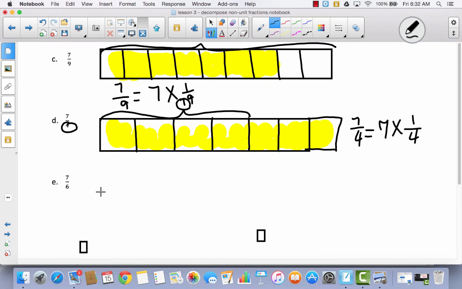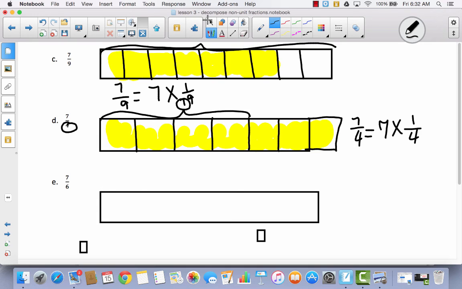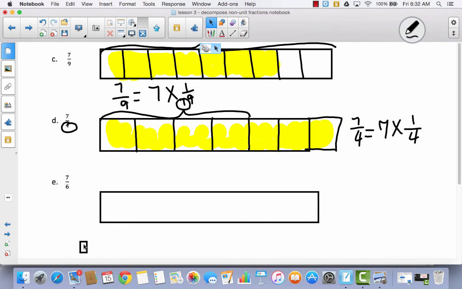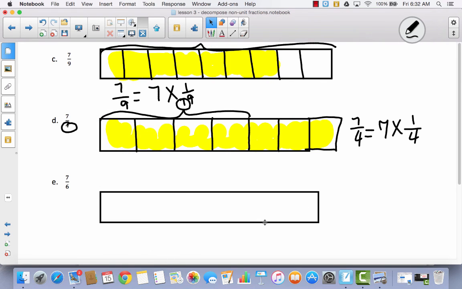So I'm going to go ahead and draw my tape diagram. Go ahead and get rid of these little extra ones right here. All right, so I'm going to go ahead and label my whole here. So I've got 7 out of 6. So my whole has to be 6 parts. So I'm going to go ahead and take my tape diagram and I'm going to make this my whole because I'm only going to have 1 extra part.